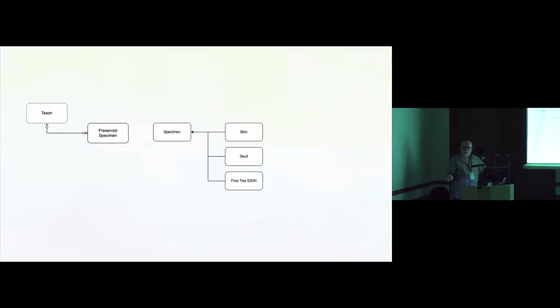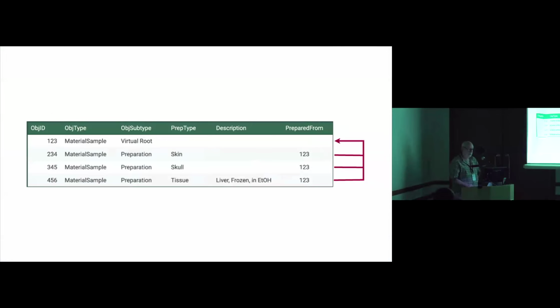But if you needed to track the parts of your specimens, say you're dealing with mammals, typical preservation might be skin, skull, and a frozen tissue sample, and generalize that to one-to-many preparations as part of the specimen. In a table form, all the parts are pointing to their material sample, which is actually a virtual thing at this point because it doesn't exist anymore.